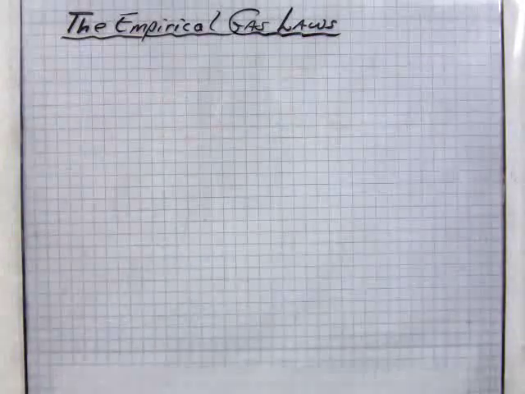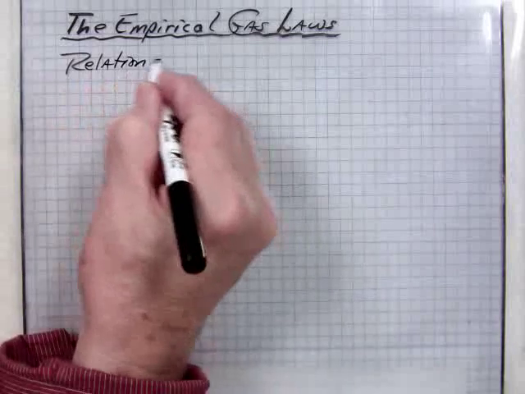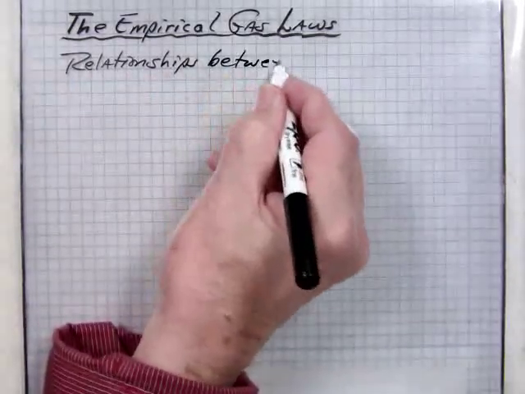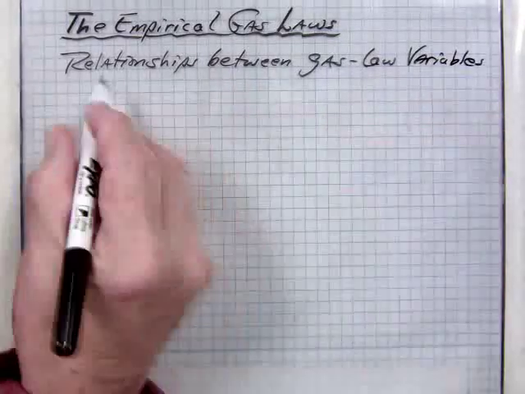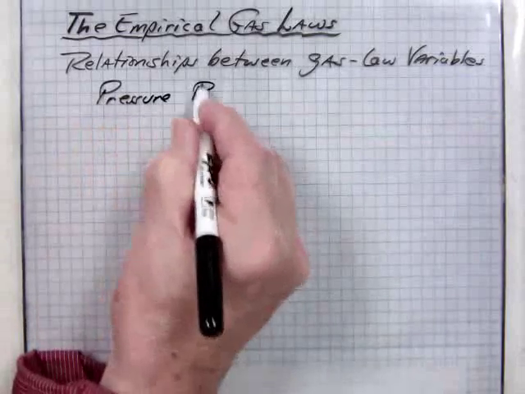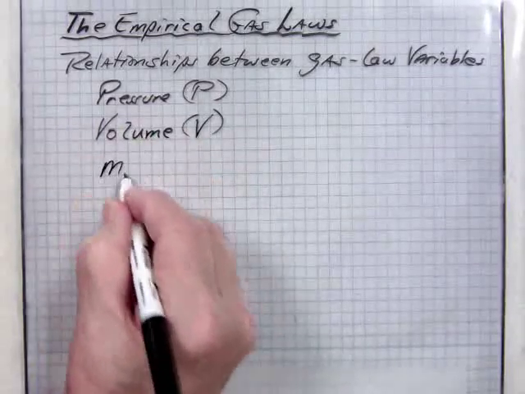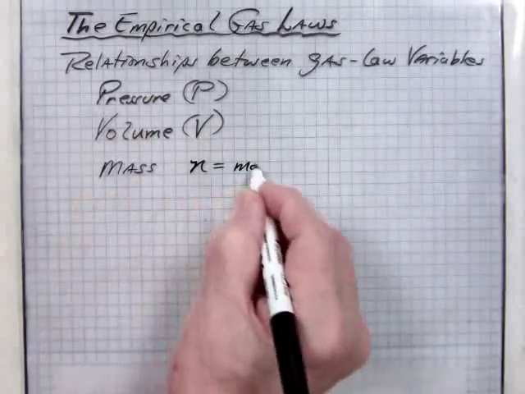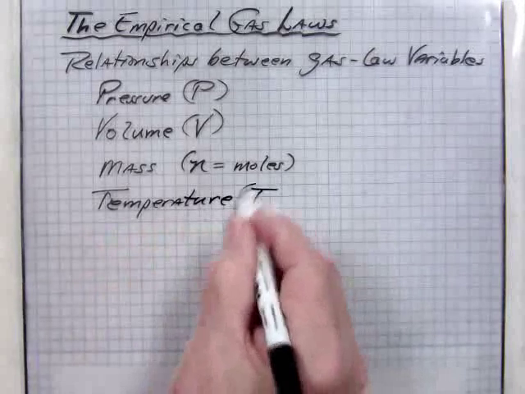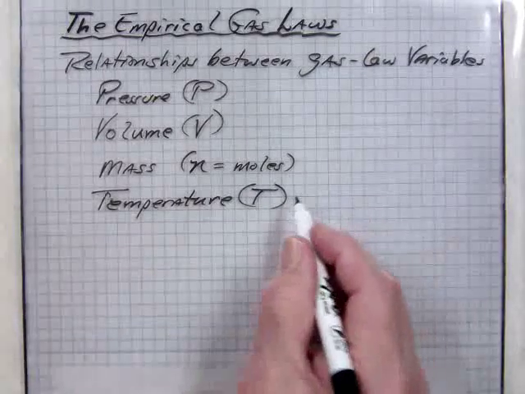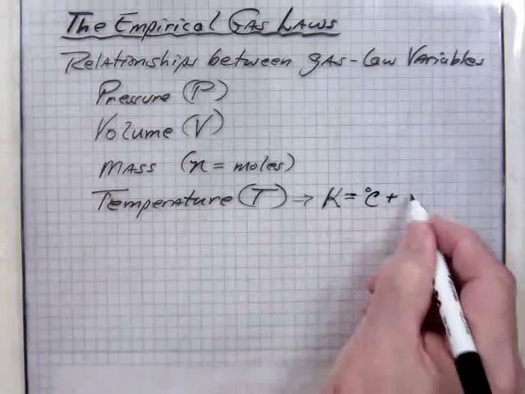The empirical gas laws are relations between the gas law variables, which include pressure, P, volume, V, mass, N, which is moles, and temperature, T. And in the gas laws, you certainly need to remember that for the most part, we'll be using Kelvin temperature, which is degrees C plus 273.